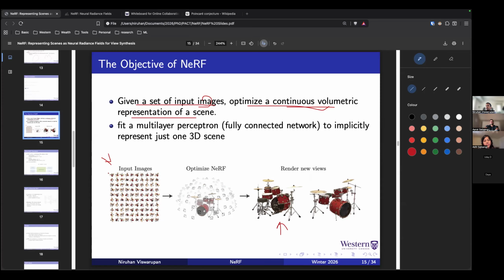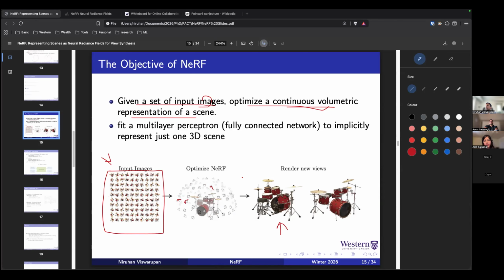See, in the input images, they have a lot of images of the drum set. These pyramids are cameras, they have taken these images from multiple angles. So these pyramids are representing those camera views from which the input images are taken. So you have information from, I don't know, a semi sphere.